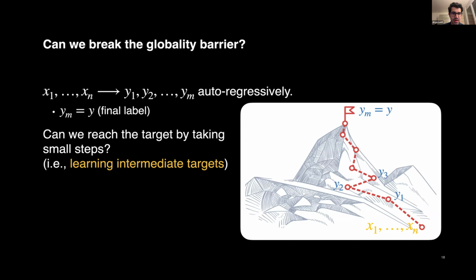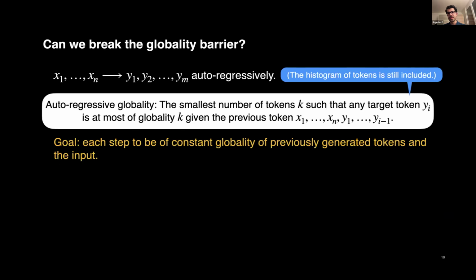To make it a bit more formal, we have x1 to xn and we want to predict y1 to ym autoregressively. So we first predict y1 and then y2 and so on until ym. We can define the autoregressive version of the globality in a very similar way.